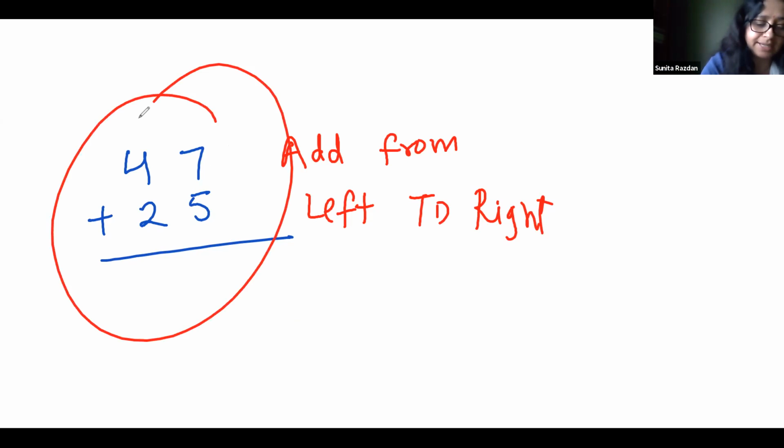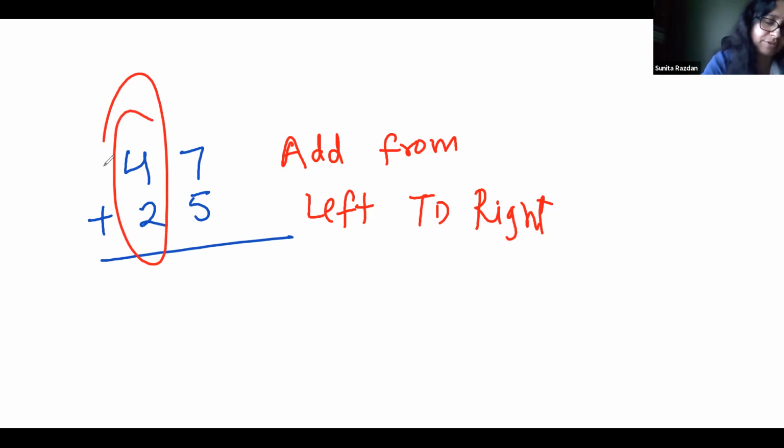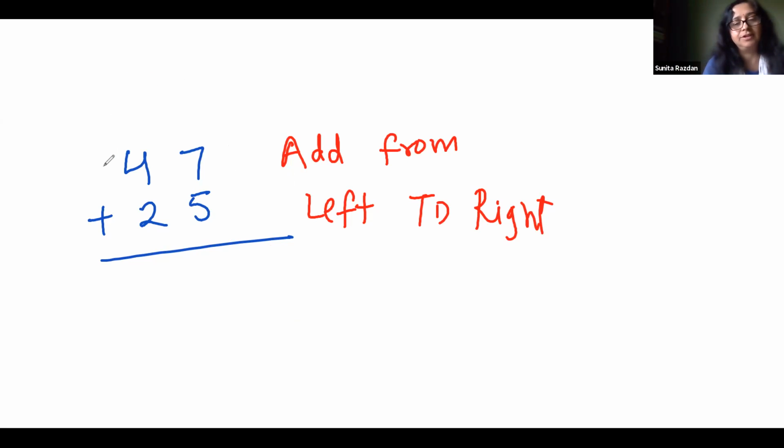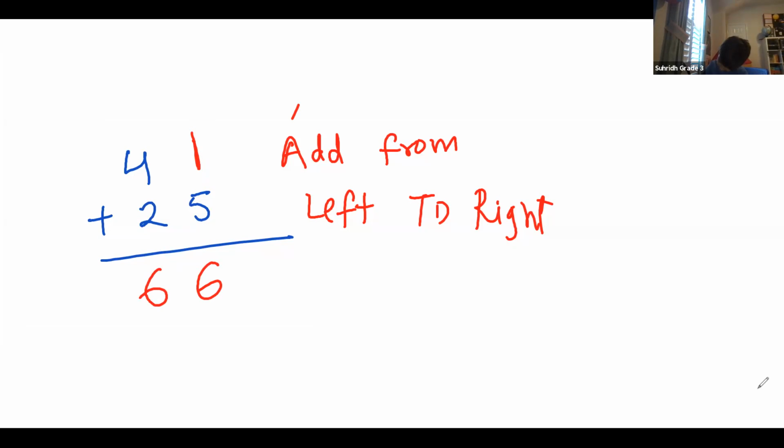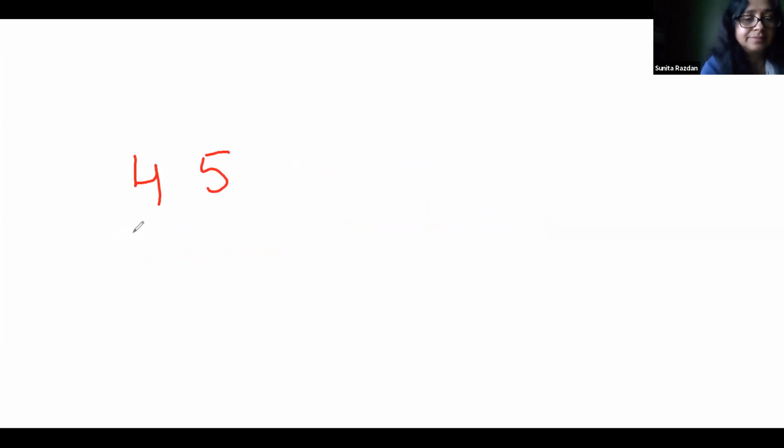So now we will leave that tens place. If you have addition like this, you just go 4 plus 2 is what? 6. If this was 1, then you can say, okay, this is 66, correct? Yes. But that is not the case now.